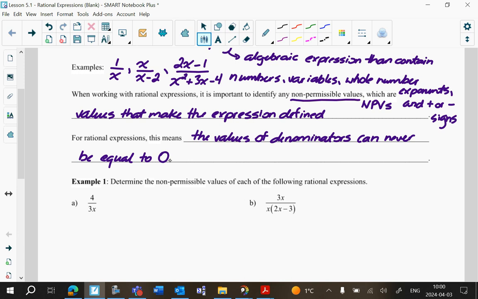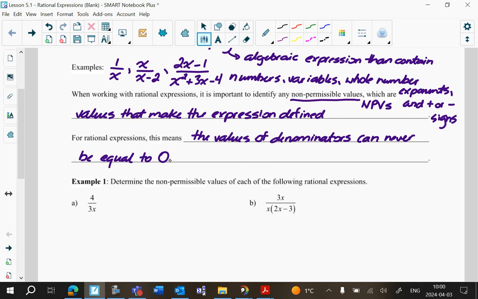Okay? We kind of did this in the very first unit when we talked about radicals, specifically square roots and cube roots, right? We said that when we had a radical expression, there were certain values for x we couldn't plug in, okay? And those values made the square root negative, because you couldn't take the square root of a negative number. This is kind of the same thing, okay?